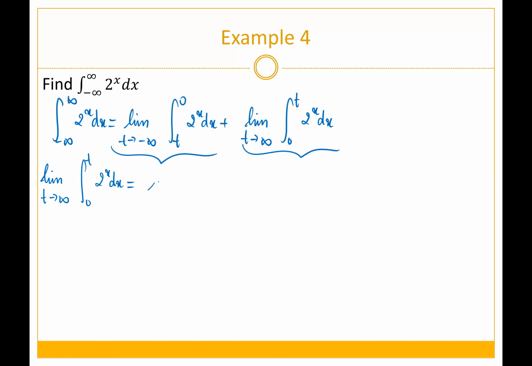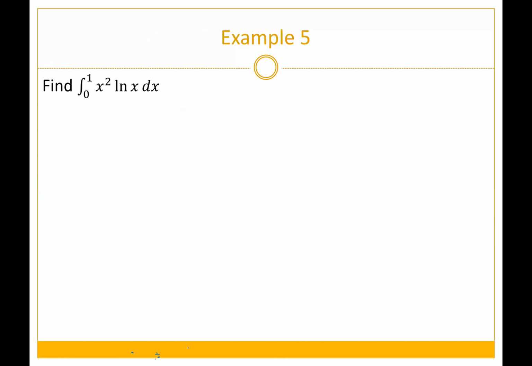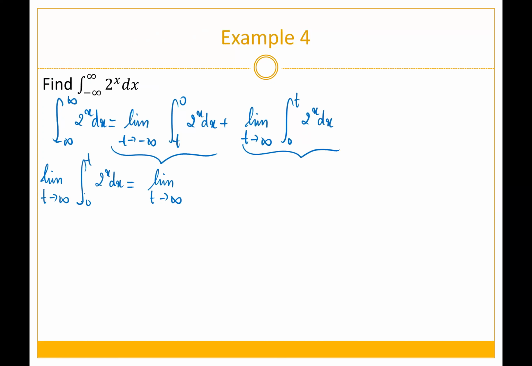So let's see if you guys still remember this. What is the integral of 2 to the x dx from midterm 1? The integral of that is 2 to the x over ln of 2.